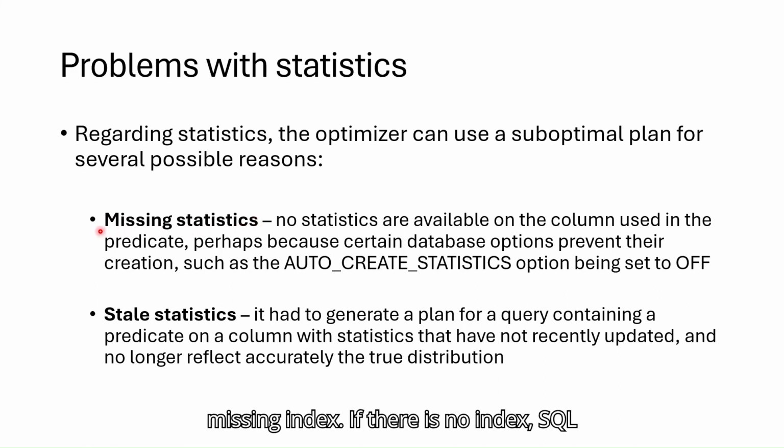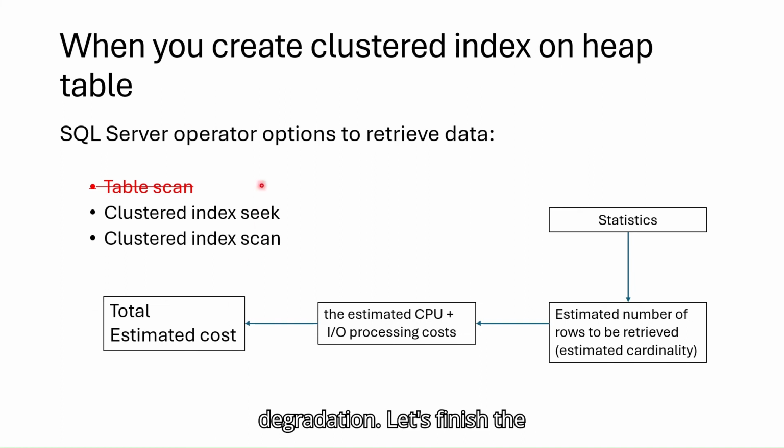First is missing index. If there is no index, SQL Server cannot estimate the number of rows correctly, leading to incorrect execution plan. Next one is out-of-date statistics. Your data might have changed already, making statistics out of date. In this case, SQL Server generates and chooses operators based on incorrect statistics. This can lead to, of course, performance degradation.